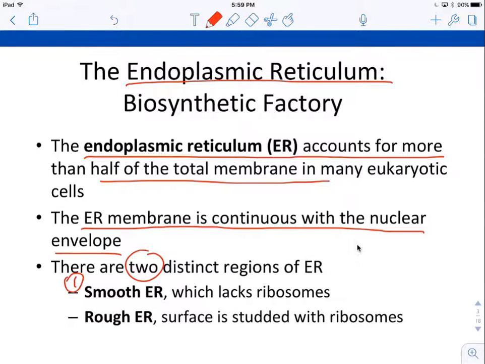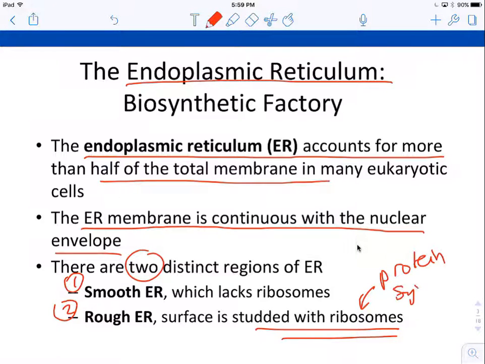One is the smooth ER, which does not have ribosomes. The other is the rough ER, and its surface is rough because it's studded with a whole bunch of ribosomes. Ribosomes, if you recall from the previous screencast, are the site of protein synthesis, so they make proteins.